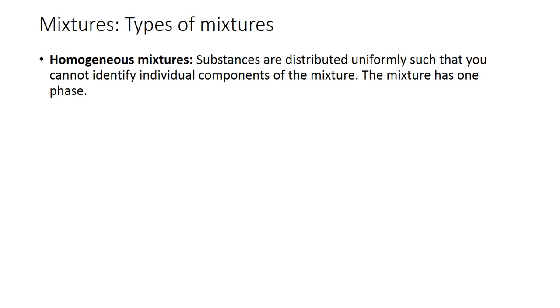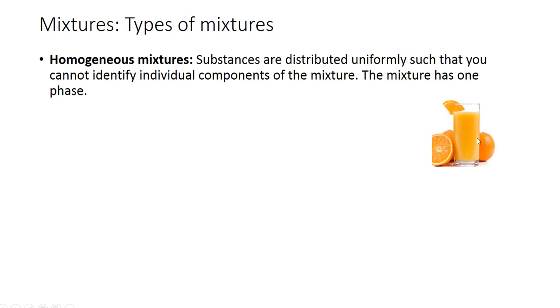In this case, substances are distributed uniformly such that you cannot identify individual components of the mixture. The mixture has a single phase. That is, if someone asks you, all right, this is a mixture, a sugar solution, can you identify where the sugar is? Can you identify where the water is? In that type of mixture, you are not able to do that.